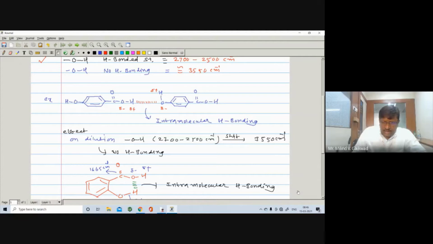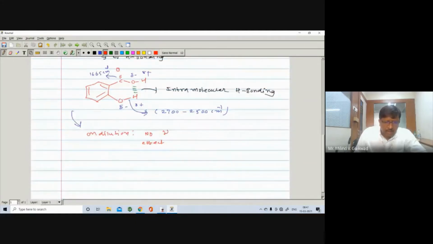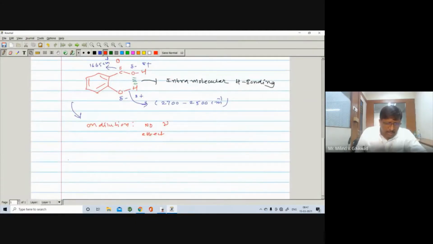That's why, if you see, the CO of this compound appears at 1678 centimeter inverse, and the hydrogen bonding will appear near about again 2700 to 2500. But on dilution, what happens? The two compounds will go away from each other.